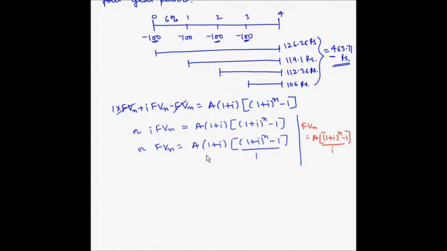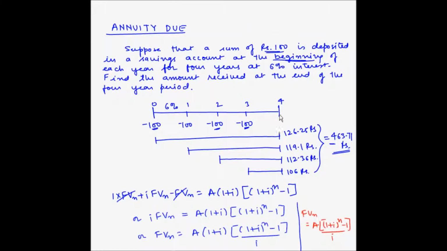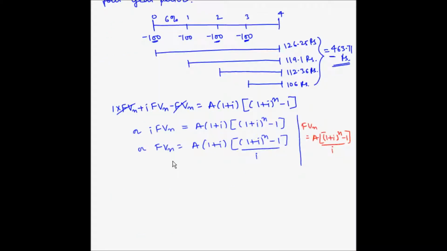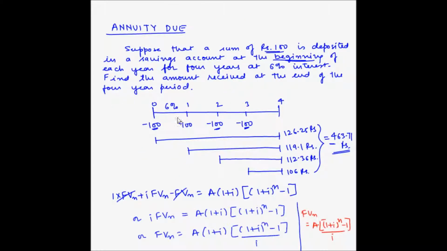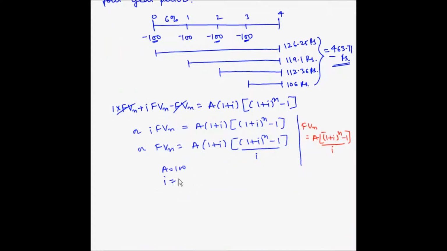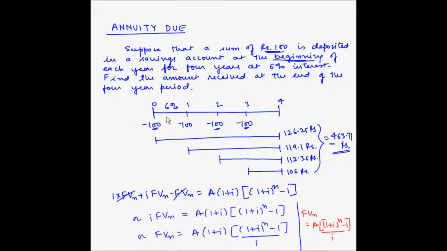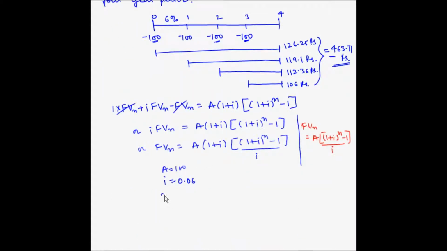Now using this formula, let's calculate the value at the end of 4 years for this example. So here A is equal to 100, I is equal to 0.06. N is equal to 4 because this is a 4-year annuity. So let's plug in these values in this formula.